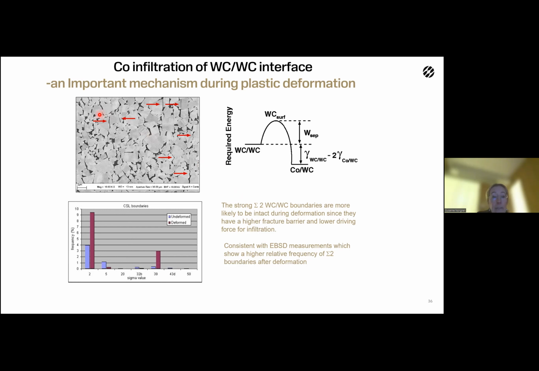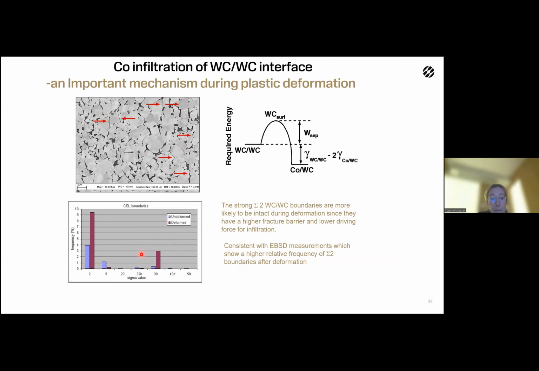And here the arrows show that what happens instead is that you form binder lamellas in the microstructure when the microstructure is deformed plastically, indicated by the red arrows here. And here is a comparison of the frequency of lamellas between undeformed and deformed material and the sigma 2 values of the special boundaries.